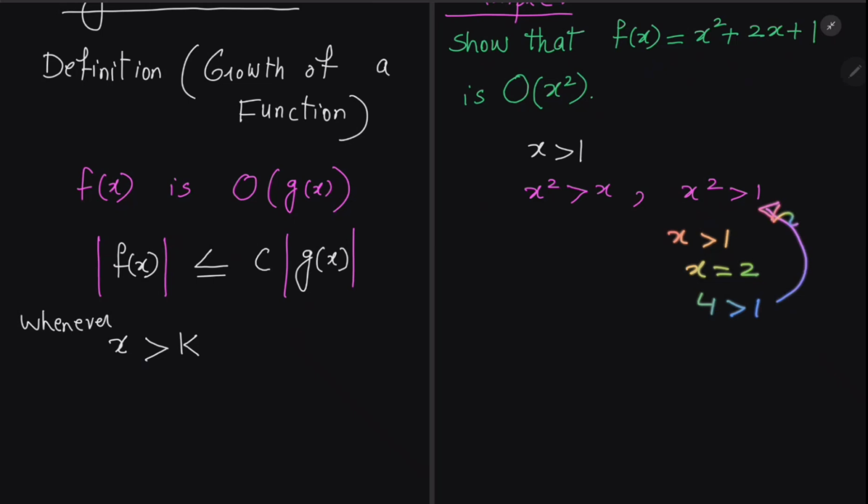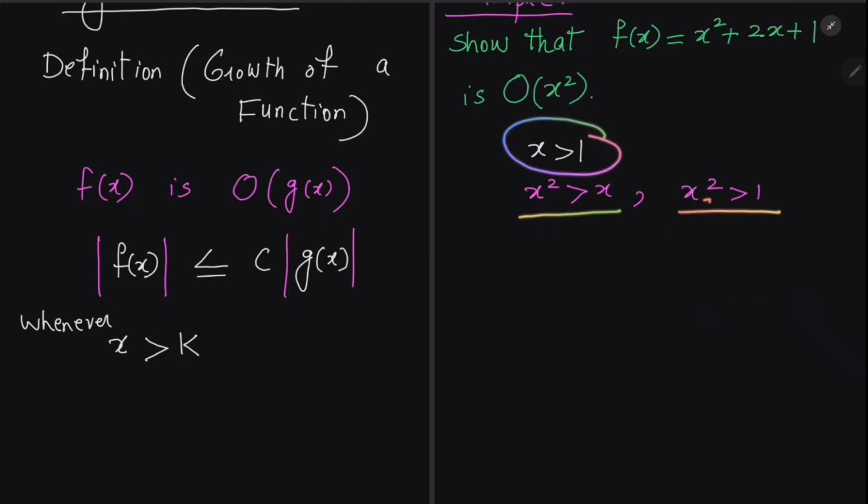So x square is greater than x since x is greater than 1. X can be greater than 2, greater than 3, and so on. It's up to you how you decide this to prove that it is order of x square. So x square plus 2x plus 1, when x is greater than 1, will always be greater than 0.